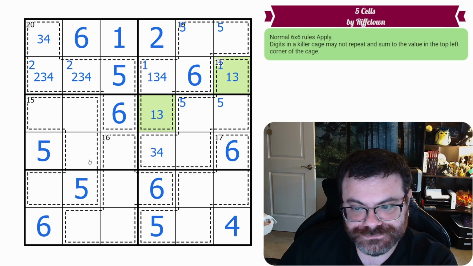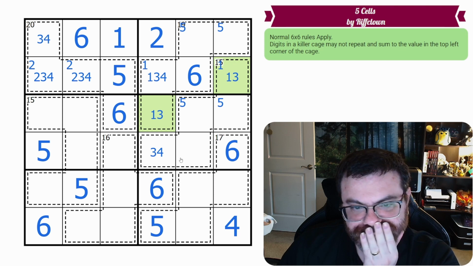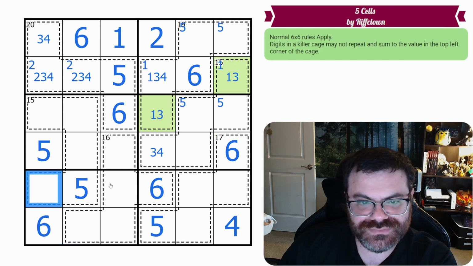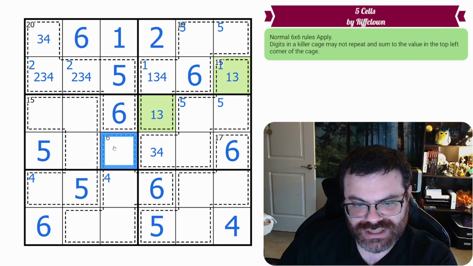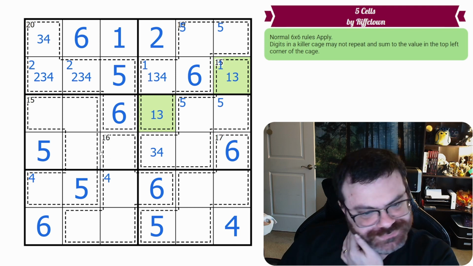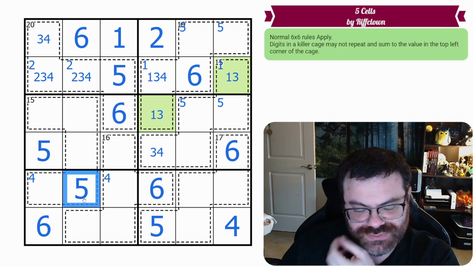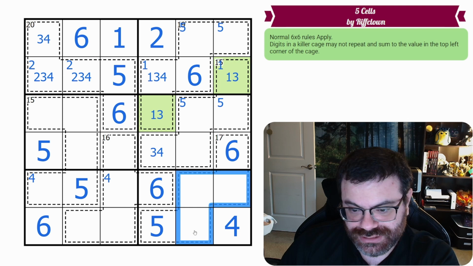We have the 5. 4 maybe? 4 is one of these two. This is missing a 5. This is missing a 6, but we have the 6s done. Okay, this is a triple, so we need 1, 2, 3.